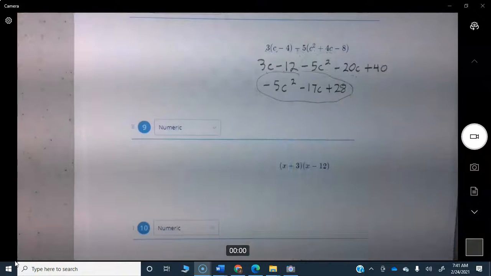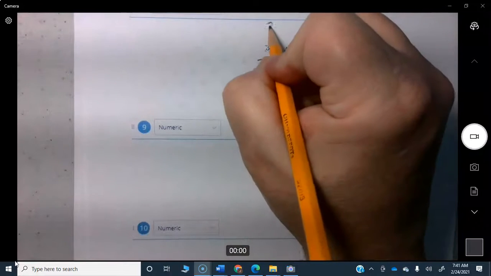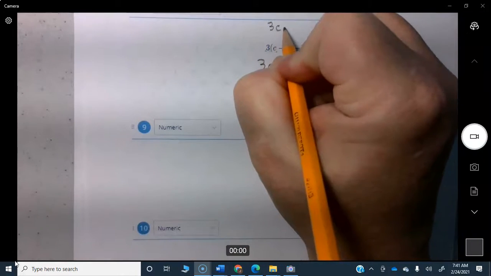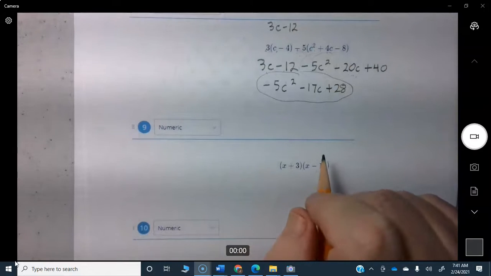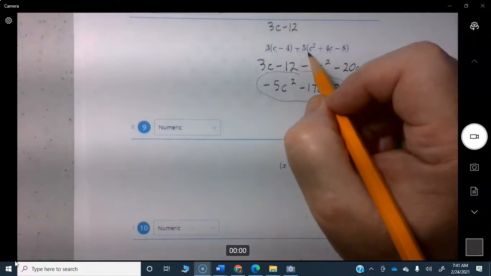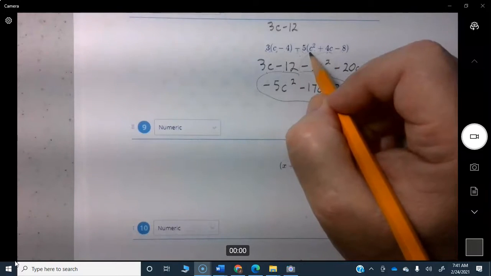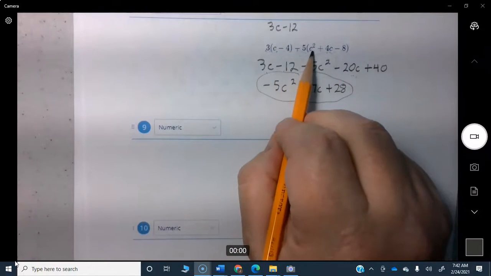Now you say, wait, that was kind of different than the way you did it before. So let me do it the way I did it before. So this is going to still stay 3c minus 12. I'm going to leave that like that. Now I am going to multiply. Again, the biggest term I have is a c squared.